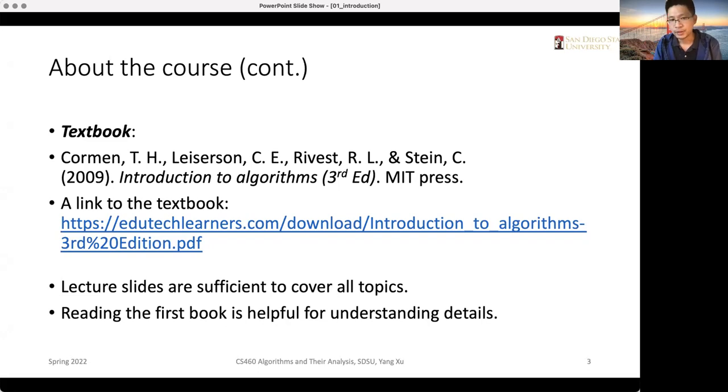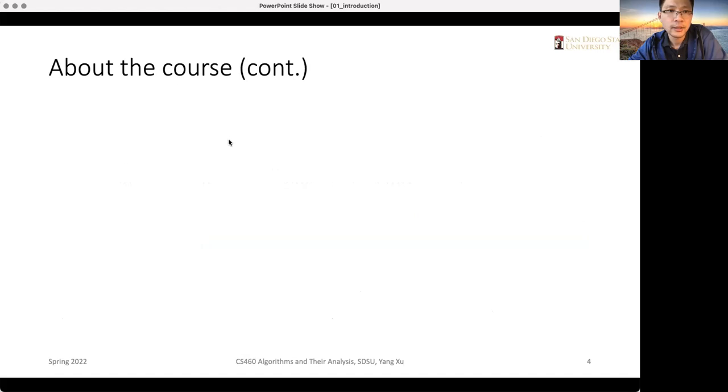But as I said, reading the book will be really helpful. Okay, yeah, you don't need to buy a paper-based book because there are several versions available online that you can get for free. All right.